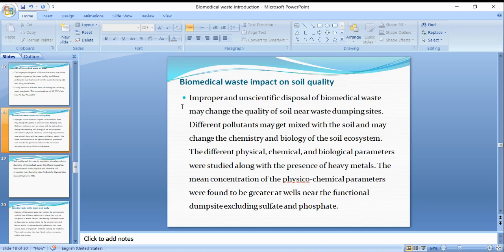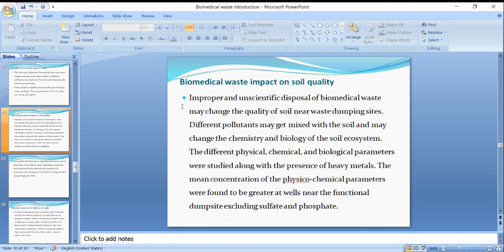Different pollutants may get mixed with the soil and may change the chemistry and biology of the soil ecosystem. If you mix that waste into the soil, the soil properties will change; physical, chemical, and biological parameters will change.